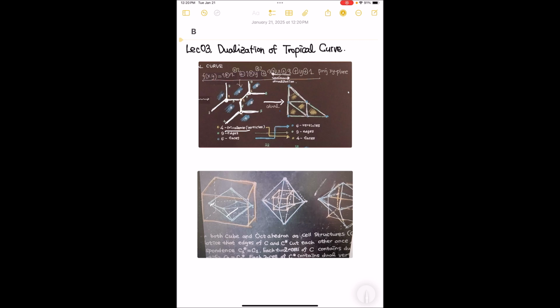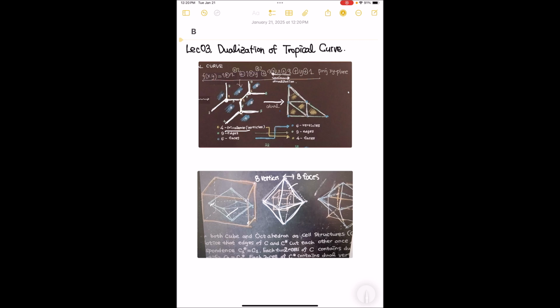Dual, as we saw, between the relation cube and octagon. For example, in a cube, there are eight vertices. In case of octagon, 8 faces.